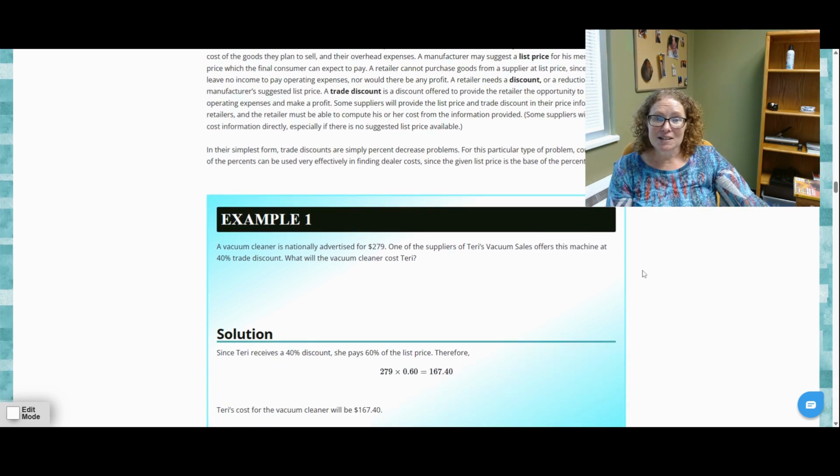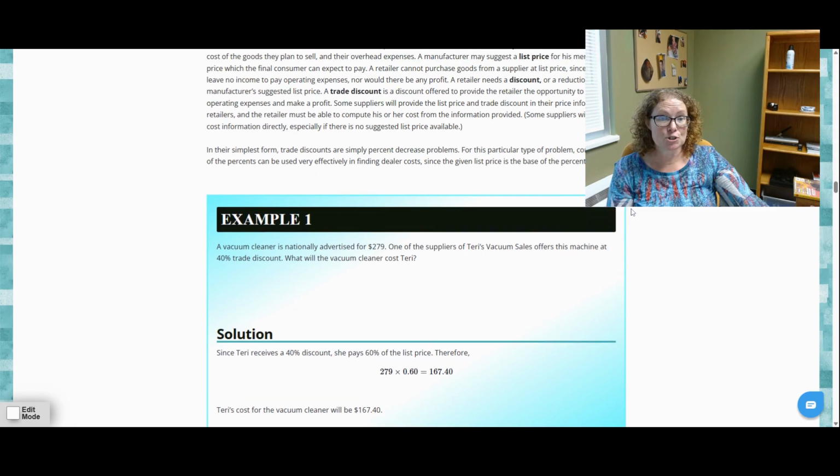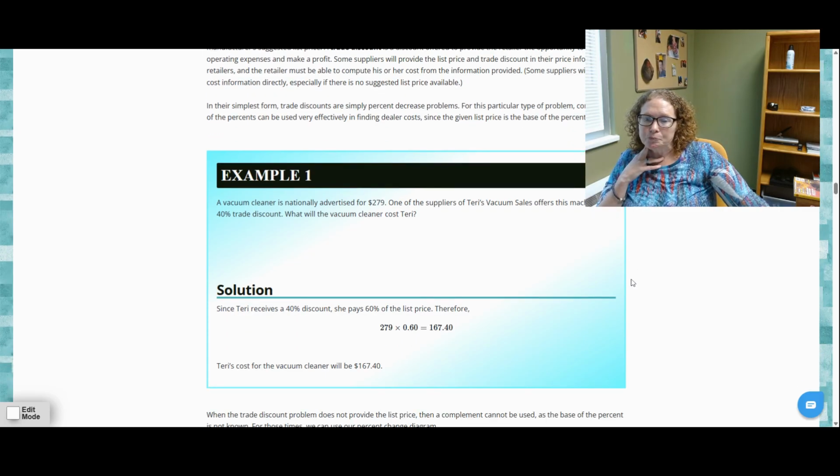And it varies. In this example, a vacuum cleaner is nationally advertised for $279, so that's your list price. One of the suppliers of Terry's vacuum sales offers this machine at a 40% trade discount. What will the vacuum cleaner actually cost Terry?